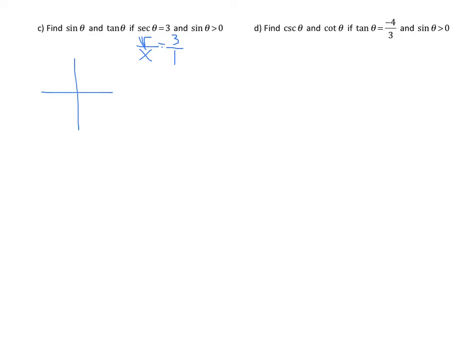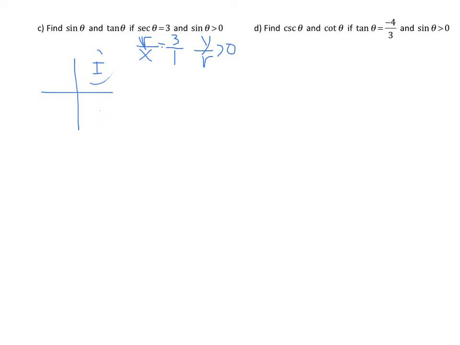That tells us we have a positive x value, because r is always positive, so it's either in quadrant 1 or quadrant 4, that's where we have positive x values. And then sine theta is greater than 0, that means y over r is greater than 0, or we have a positive y value. So we must be in quadrant 1 if both x and y are positive numbers. So we're in quadrant 1.